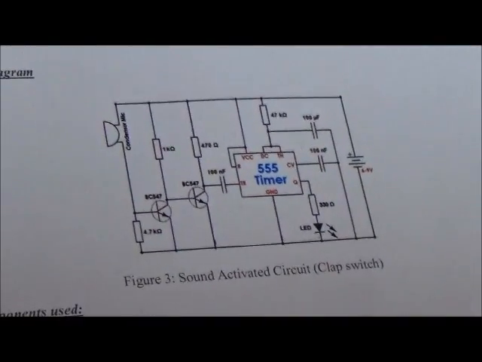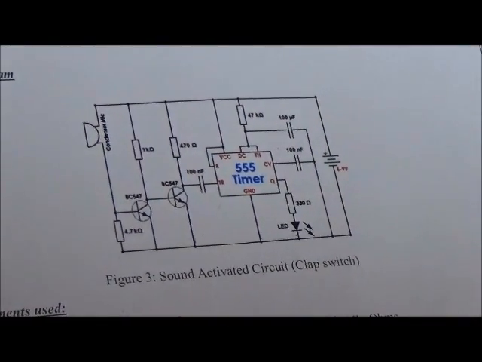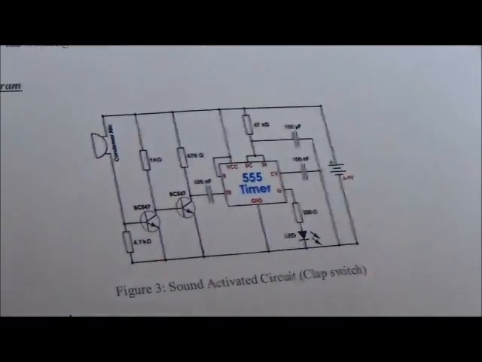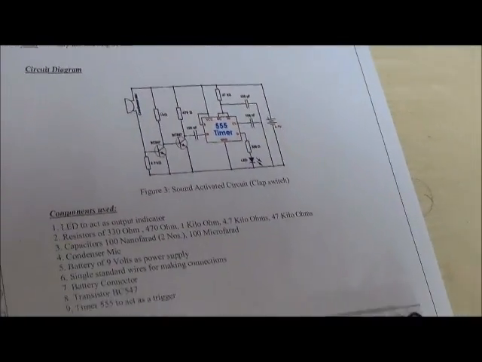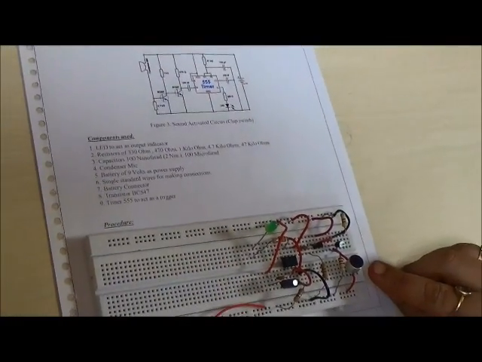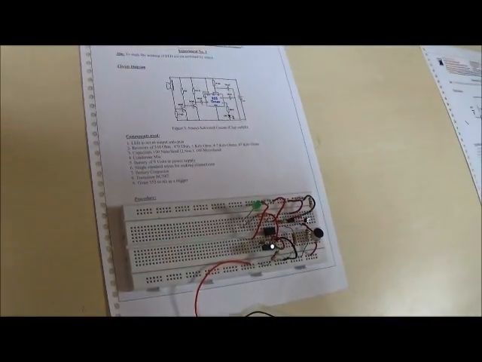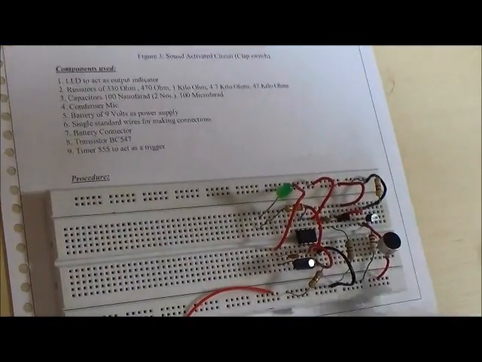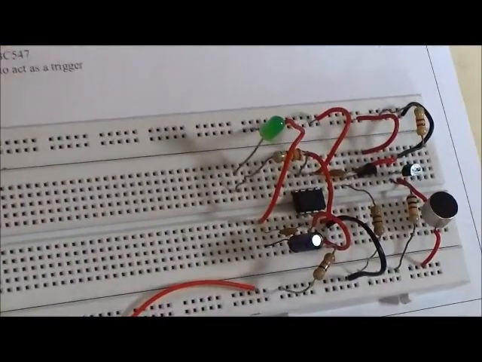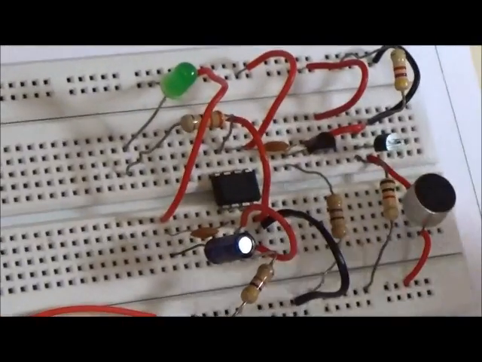The next circuit of an LED is a circuit activated by sound. Here we are using a mic which is acting as a transducer to convert the sound into electricity. This works even with speech, that is the sound which we are speaking, or with a clap.